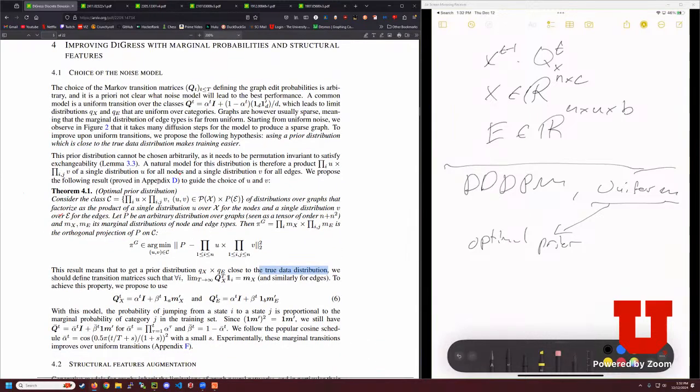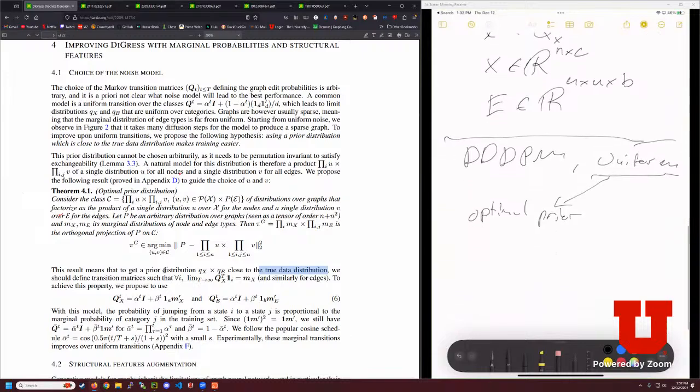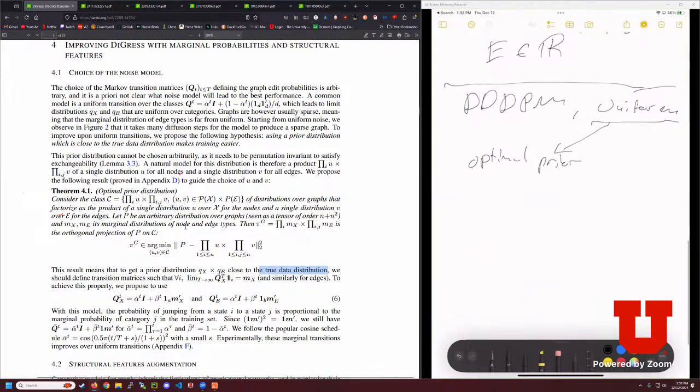I'm kind of guessing they just look at their graph instances, right? They have a data set. Each data point is a graph. They just look at the empirical marginal distribution of every node. But it's a little bit weird because if you do the transition, you have to assume you know the number of nodes, right?